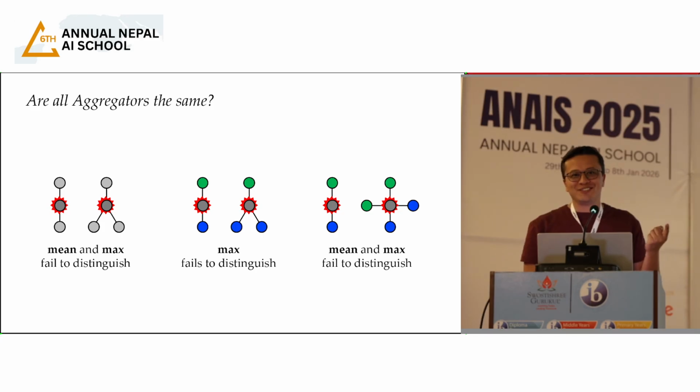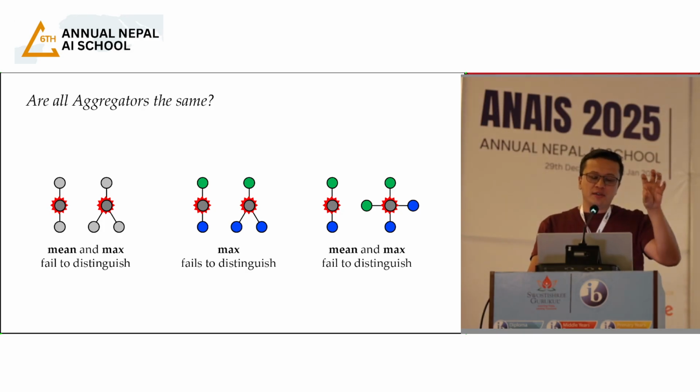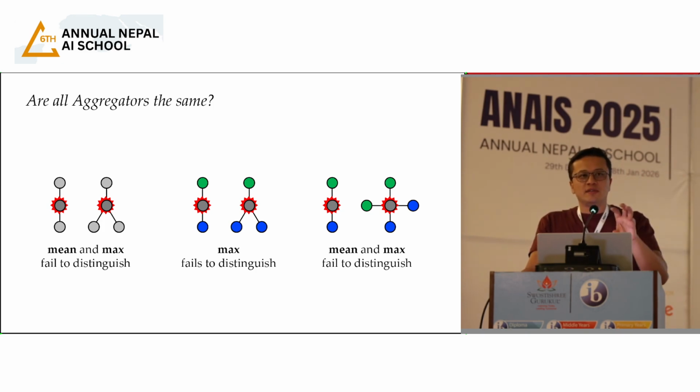You take a mean, you normalize it with respect to how many grays you have, and so you get the same output regardless of how many gray neighbors you have. So you lose all the information. So the message you compute for the graph on the left and next to it is the same if you use mean aggregation. And the same holds for max.